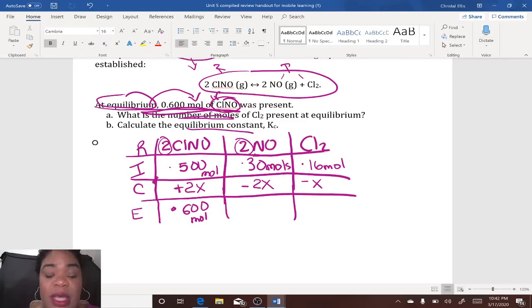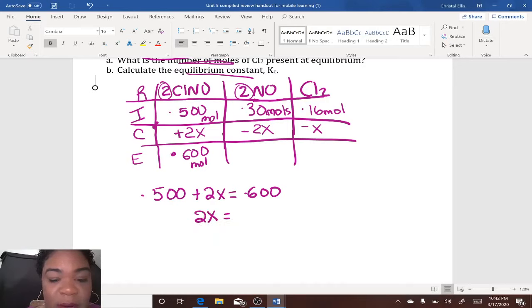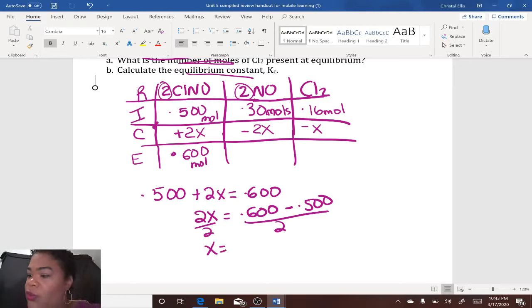So what we can do now is solve for our x. If we have 0.500 plus 2x is equal to 0.600 moles, we can solve for x by doing the inverse operation: 0.1 divided by 2 on both sides. So x is equal to 0.05 moles.